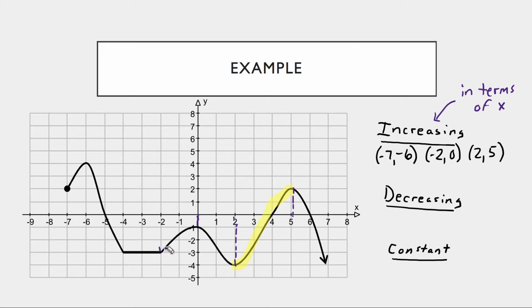All right, what about places where the graph is decreasing? So the graph appears to be going down on this section. So this section begins with an x value of -6 and decreases until we get to -4.